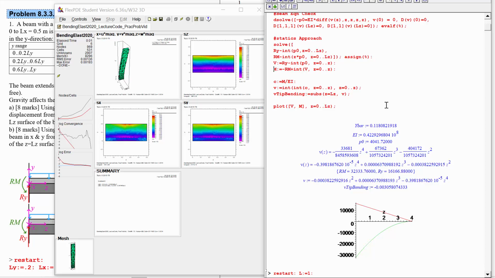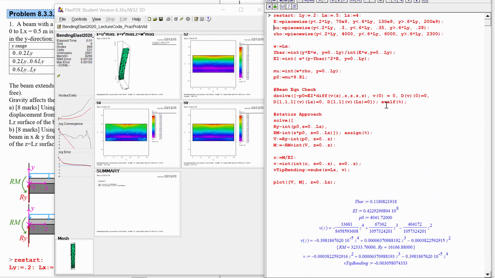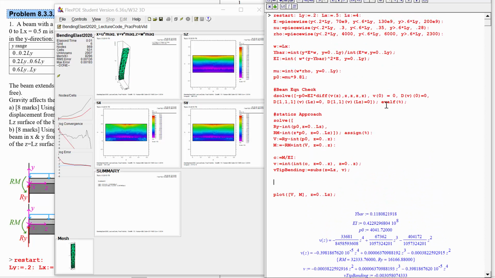So let's work out how the shear works. We can say that G is equal to E over 2 times (1 plus nu). And because the Poisson's ratio and E are changing across the length, we're going to want to figure out what the average G is using the regular averaging that we were doing before.